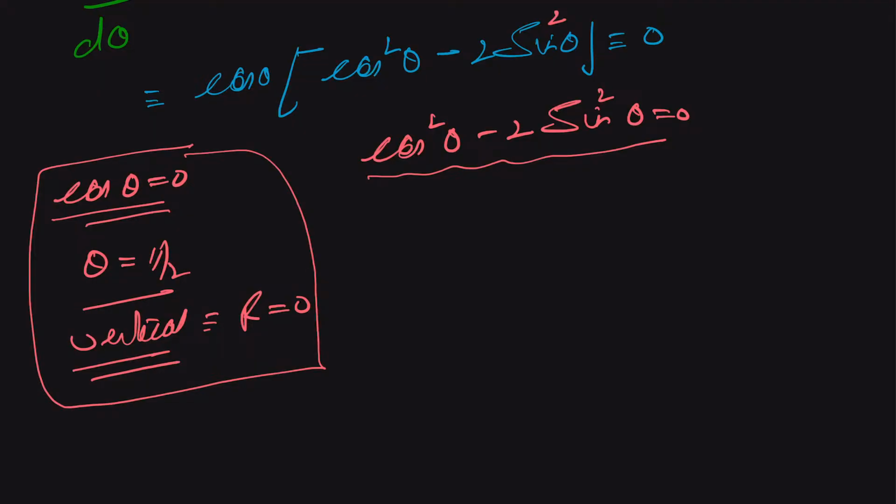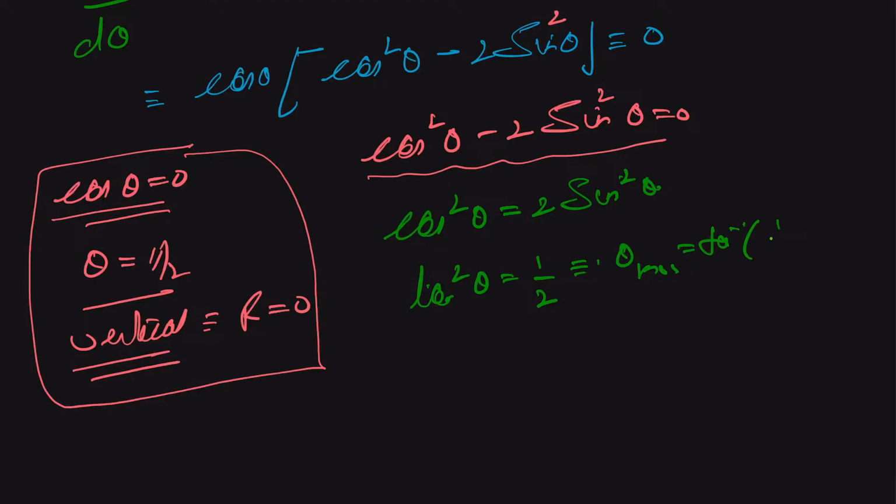From here we can write that cos square theta is equal to 2 sine square theta, and we get tan square theta is equal to 1 by 2, or theta max will be equal to tangent inverse of 1 by square root of 2, and this value is approximately equal to 35 degrees.